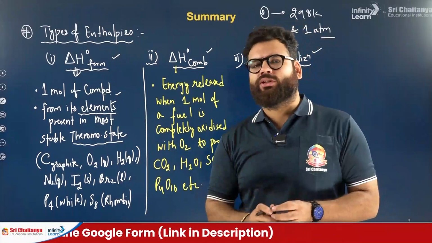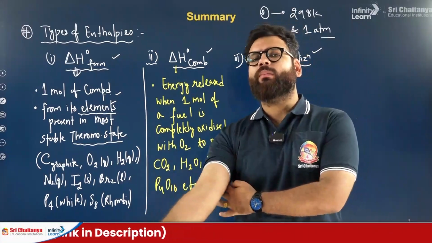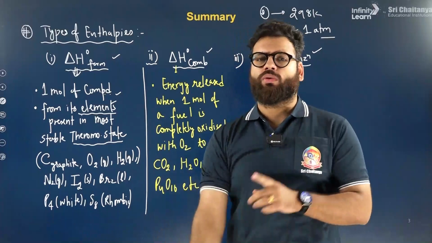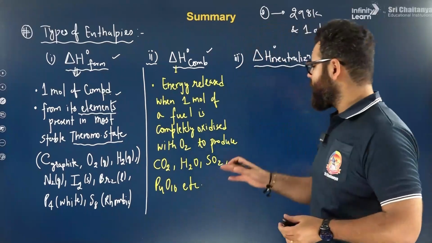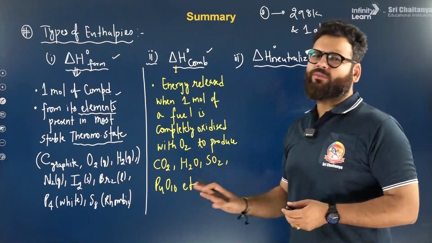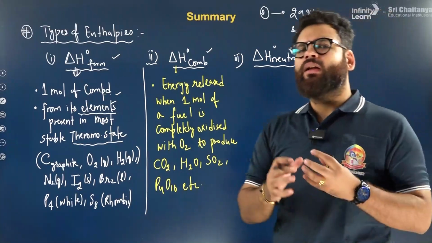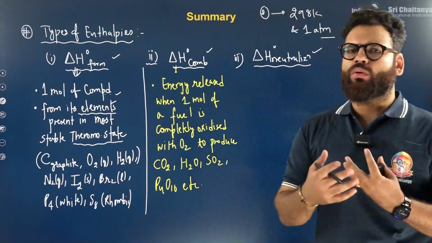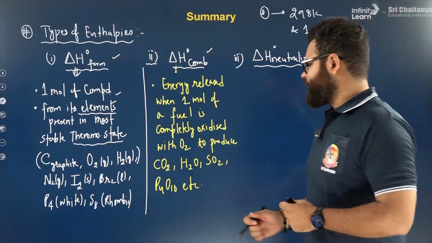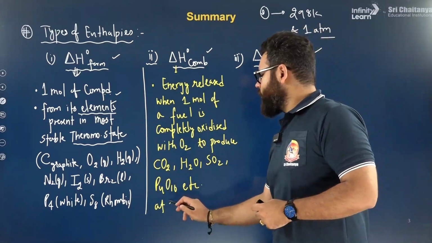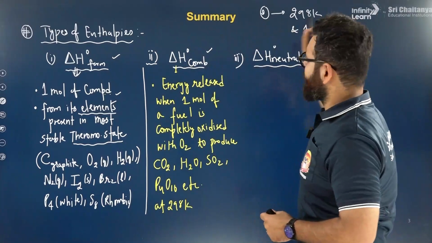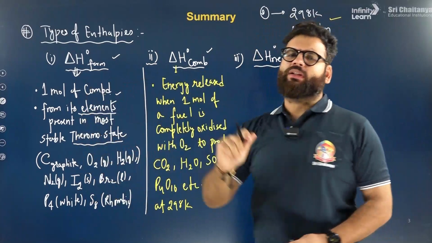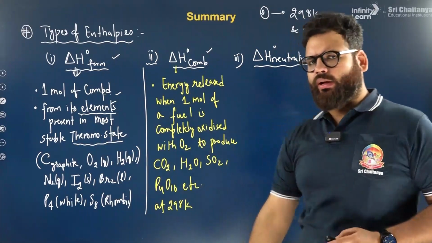That is not called as combustion. So all carbon must become CO2, not CO. Hydrogen must become H2O. Sulfur must become SO2, etc. Other things mostly will not come for our level. You remember, carbon should go to CO2, hydrogen should go to H2O. At 298 Kelvin. Whenever that is not written, I told you it is standard condition. So in all the definition, at 298 Kelvin, 1 atm, you should write.